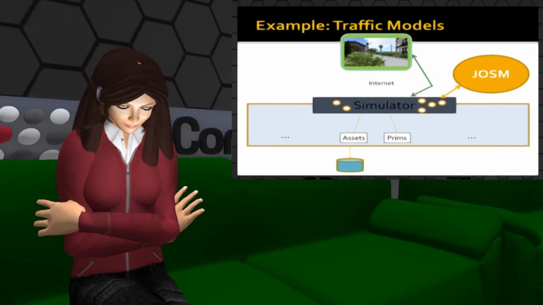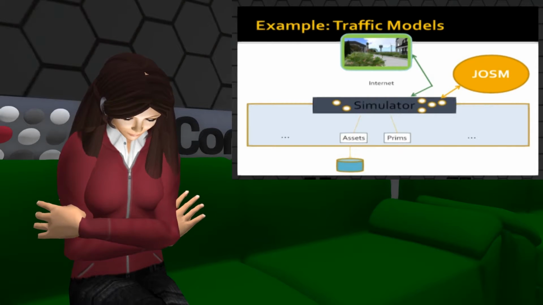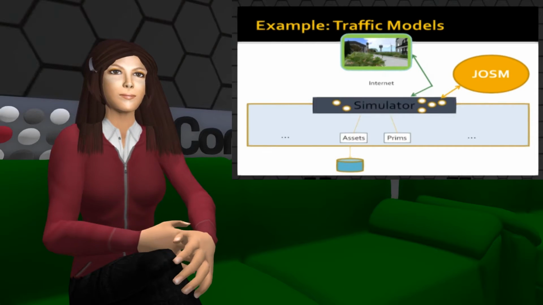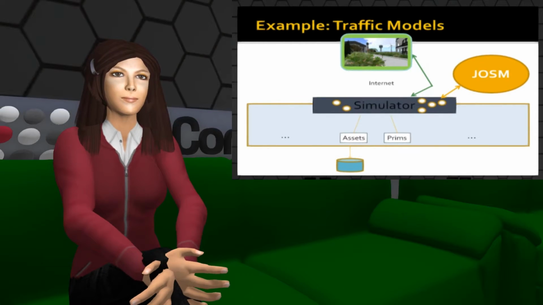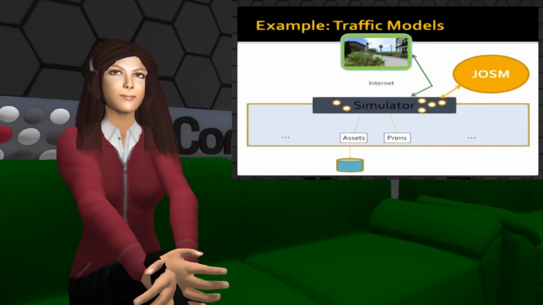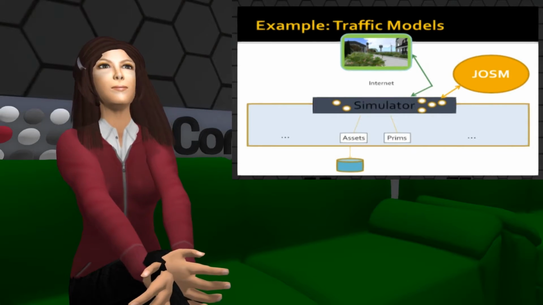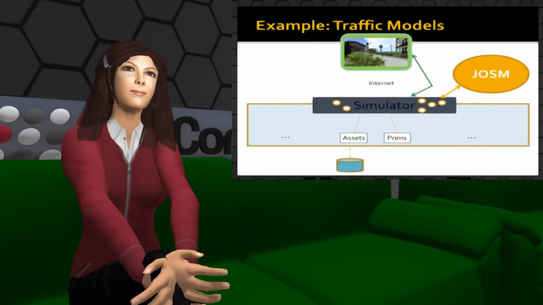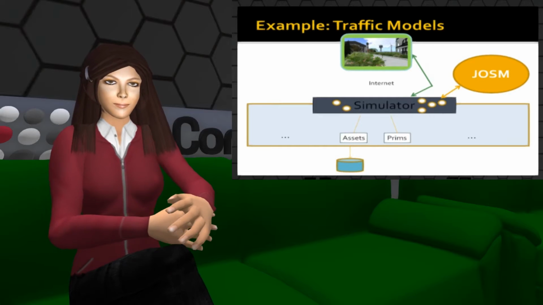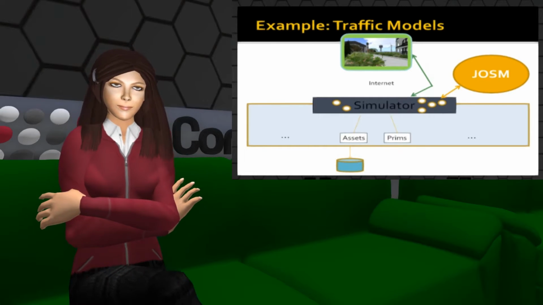And one of them is JOSM, the Java-based editor for defining traffic models. And JOSM already does everything that we could possibly want and more. It's really, really good. So one of the things that we wanted to do was to create these traffic models with JOSM. So an external is a 2D editor, right?